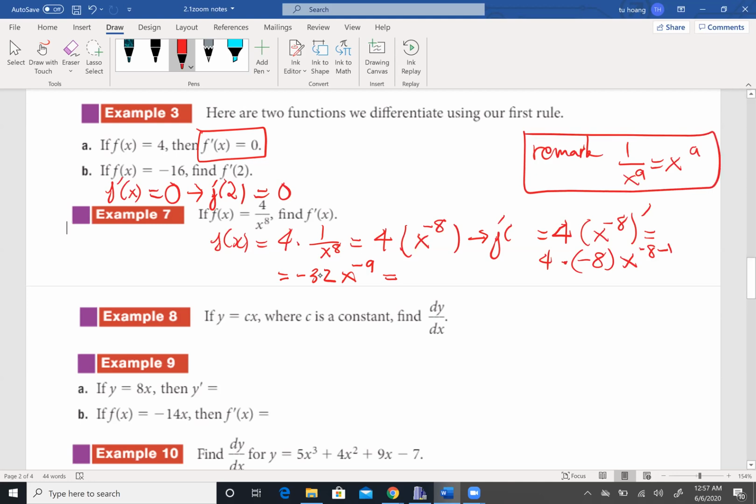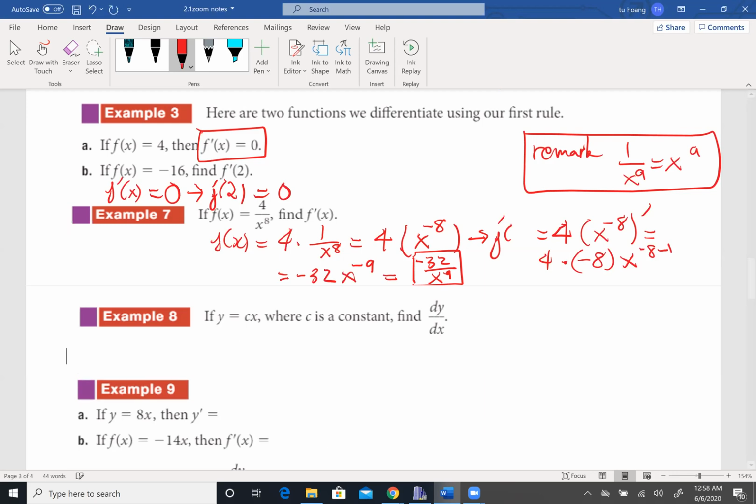So you're going to have -32 over x to the power 9. Okay, so this is the answer of this problem. All right, so that is the answer for example 7.